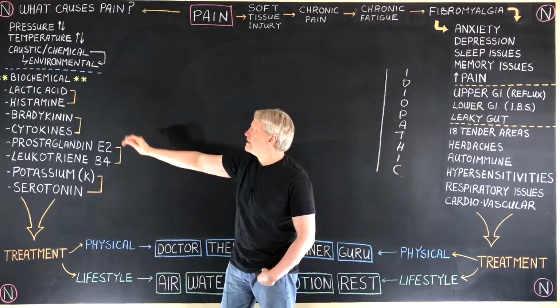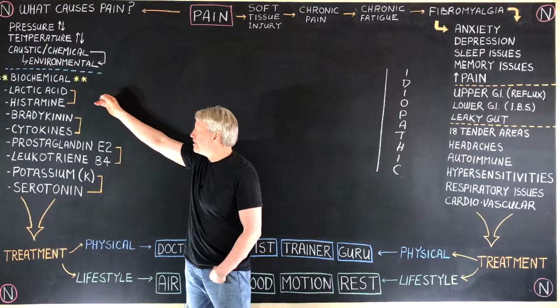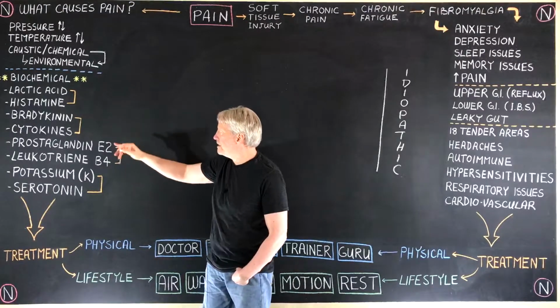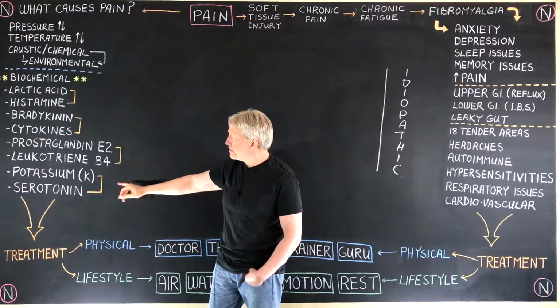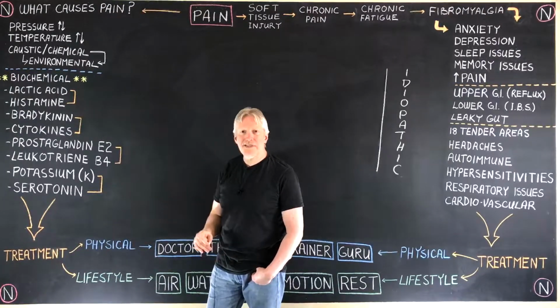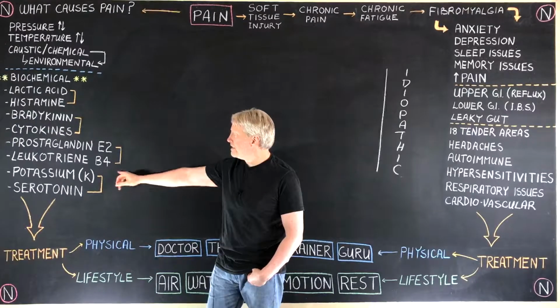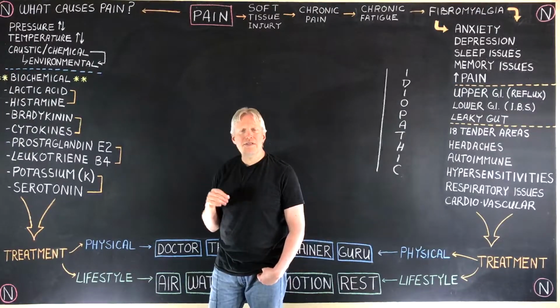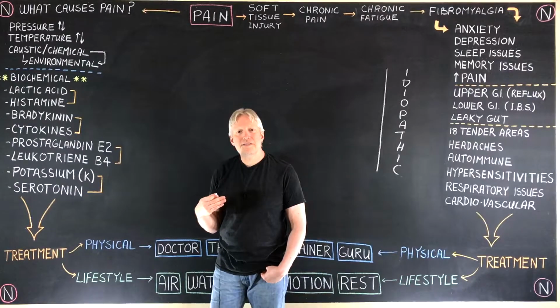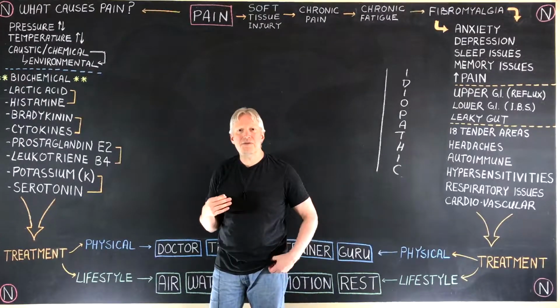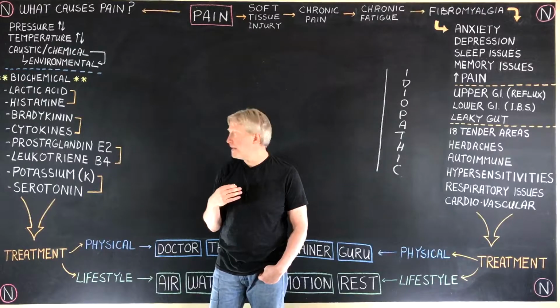So if you look at that list, we see lactic acid, histamine, bradykinin, cytokines, prostaglandin E2, leukotriene B4, potassium, and serotonin are special guest stars. And we're saying that because potassium and serotonin usually aren't associated with pain, but when we look into them, we're going to get some interesting answers as to how we address our problem with them.